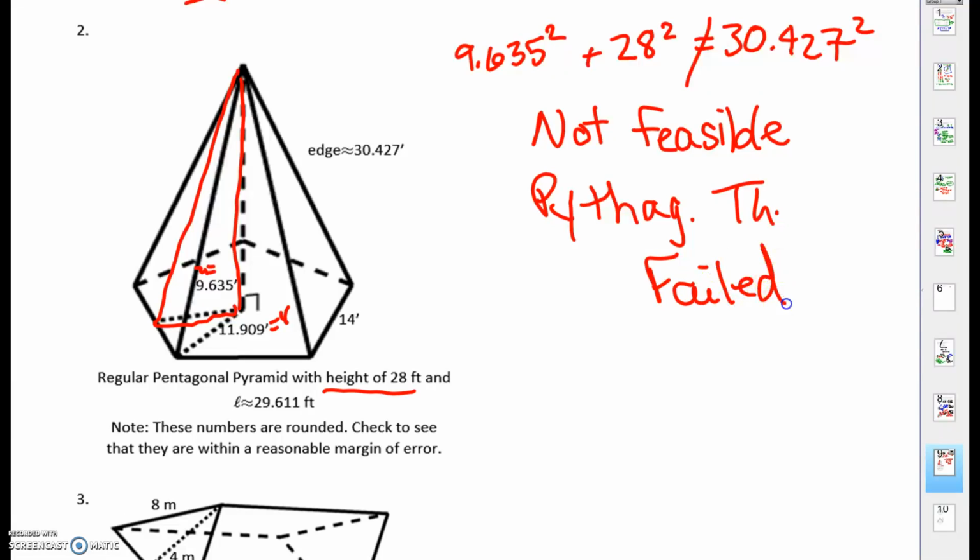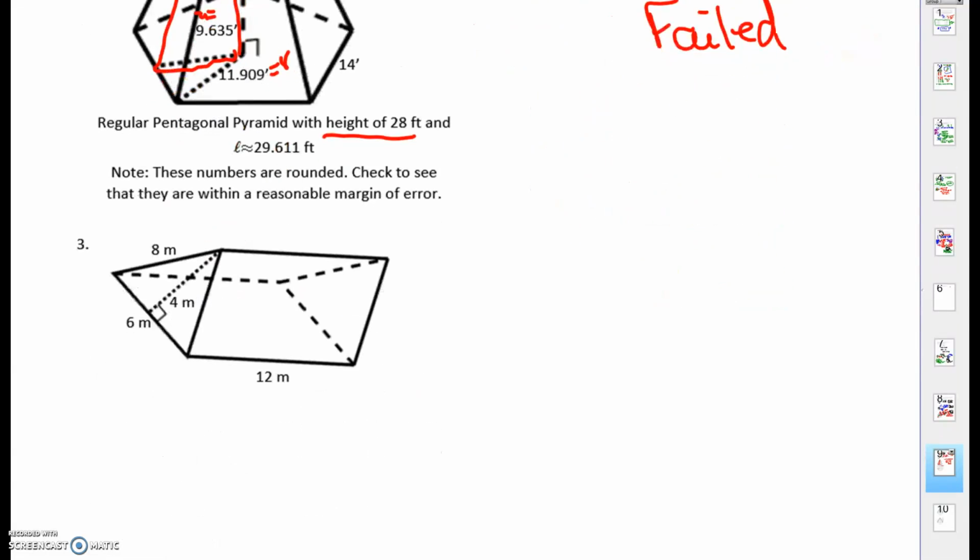By the way, guys, it's a lot harder to prove that something does work than something doesn't work because you have to look at every single triangle. So let's take a look at this guy. This is a triangular prism, and really there's only one right triangle in this, and it's right here, okay? And if this whole length is 6, then this is 3, this guy's 8, he's 4.